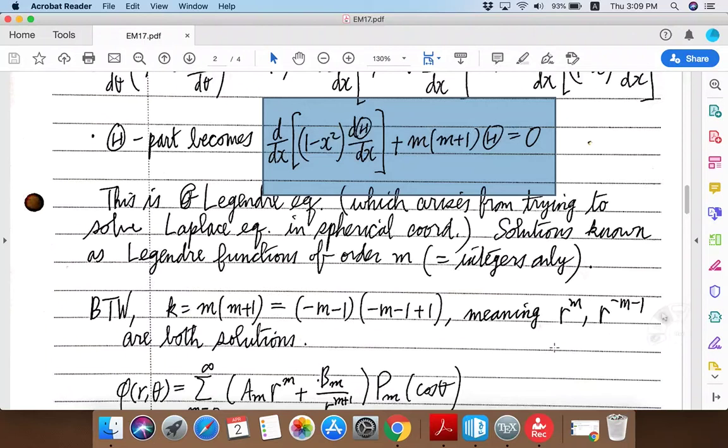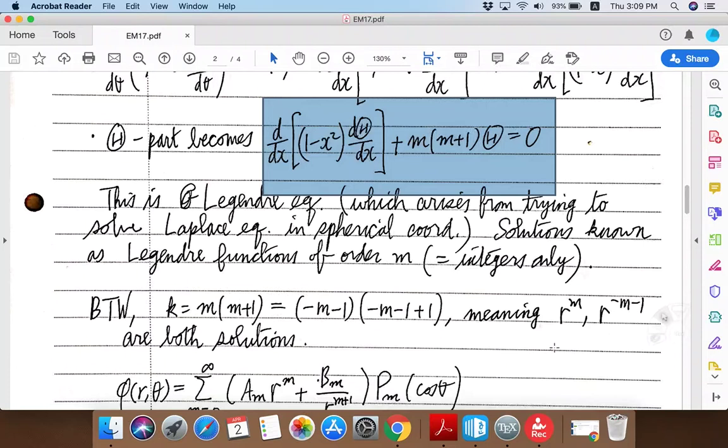Those are the three coordinate systems that most often appear in the solution of the Laplace equation. And whenever you try to solve the problem in the spherical coordinates, then this guy always appears. There's no way to avoid running into this equation, and therefore its solution, called the Legendre polynomial, is also a must.